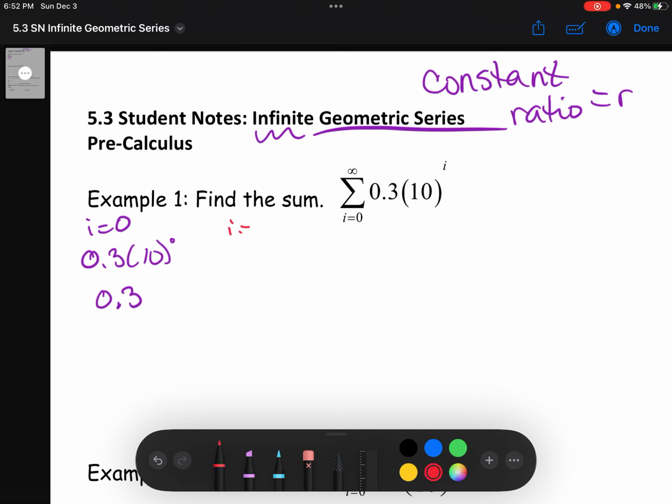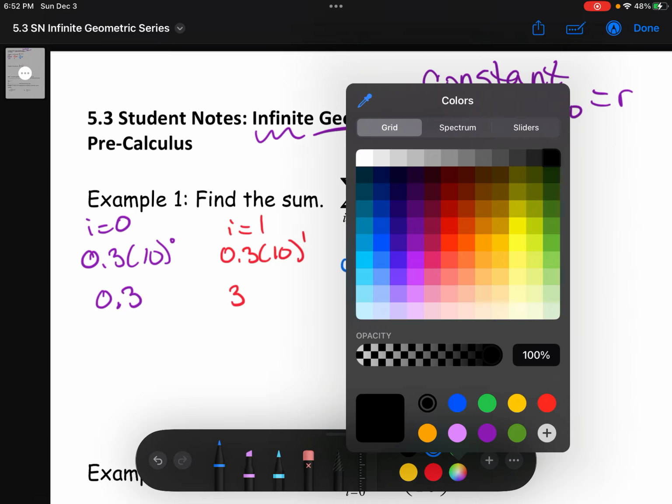Our second term would be I equals 1, which is 0.3 times 10 to the power of 1. That's 0.3 times 10, which is 3. Our next term, I equals 2, is 0.3 times 10 squared, that's times 100. That's going to be 30.